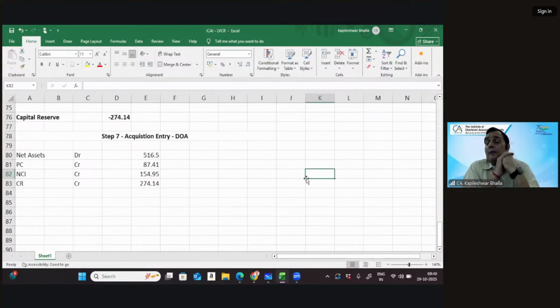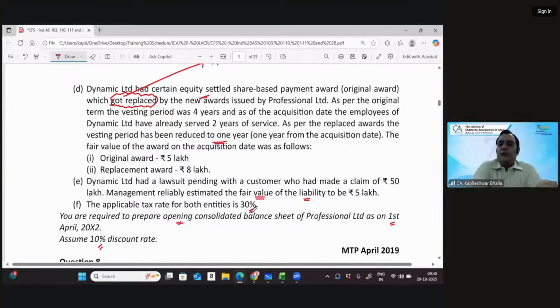Now, let me put a small input to you. You can vouch me on that. I'm just thinking aloud, is my thought right or not? He's asking me to make an opening balance sheet in the question. So can I just simply take the balance sheet of P from the question and just incorporate this acquisition entry?